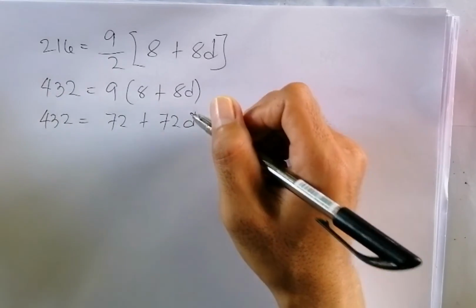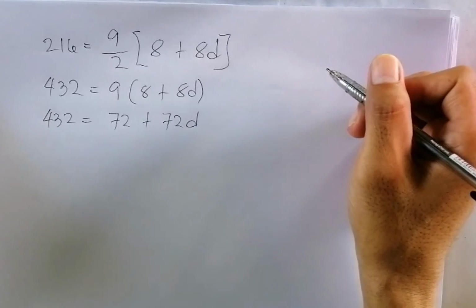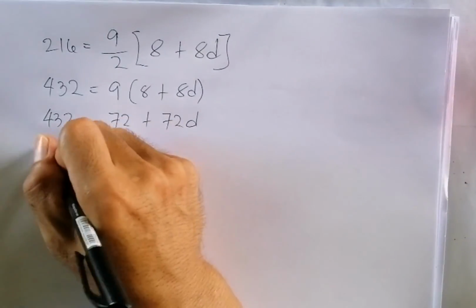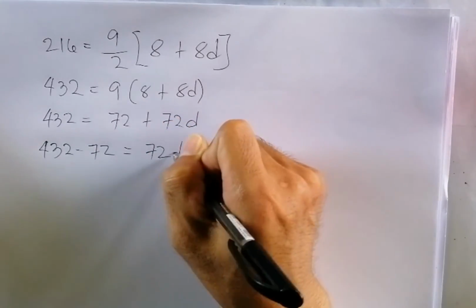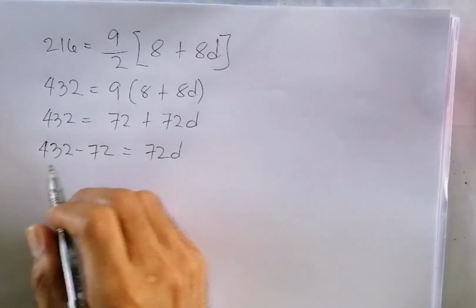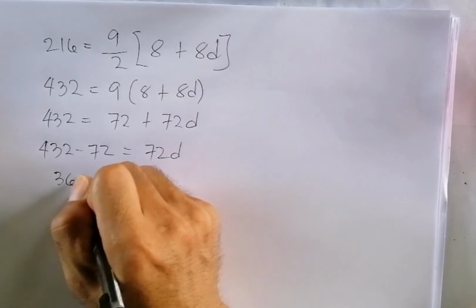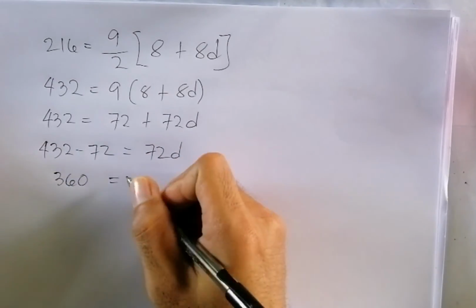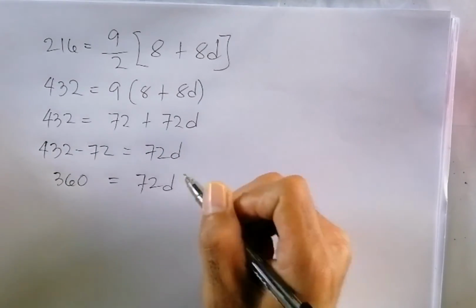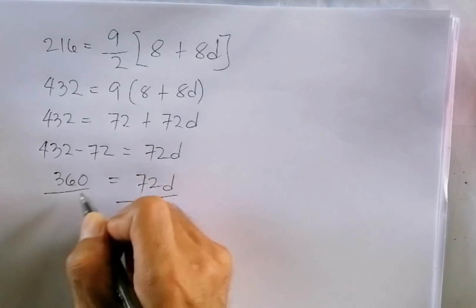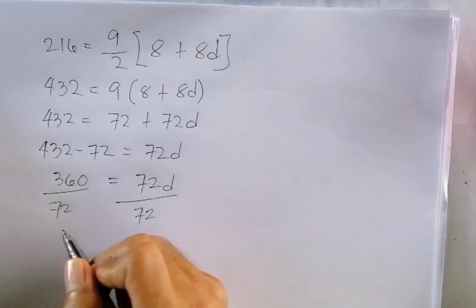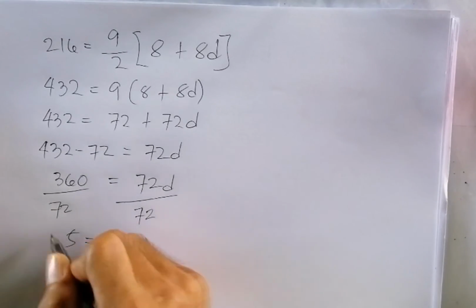Then apply the addition or subtraction property of equality. 432 minus 72 is equal to 72d, and that is 360 is equal to 72d. Divide both sides of the equation by 72. Therefore, the value for d is 5.